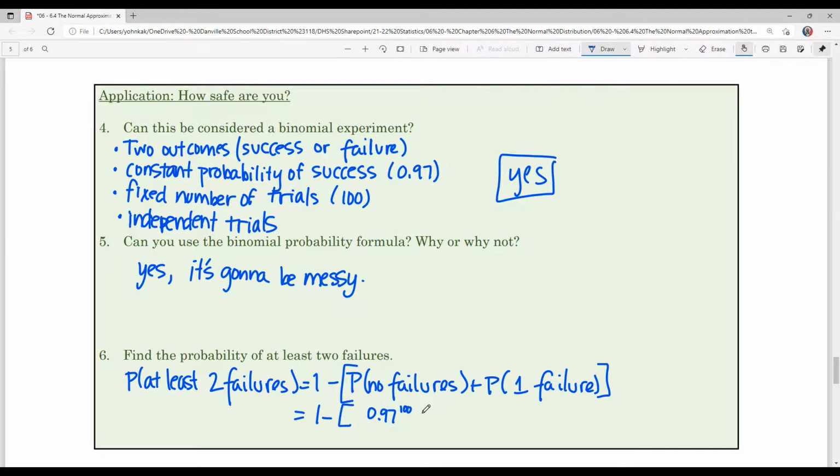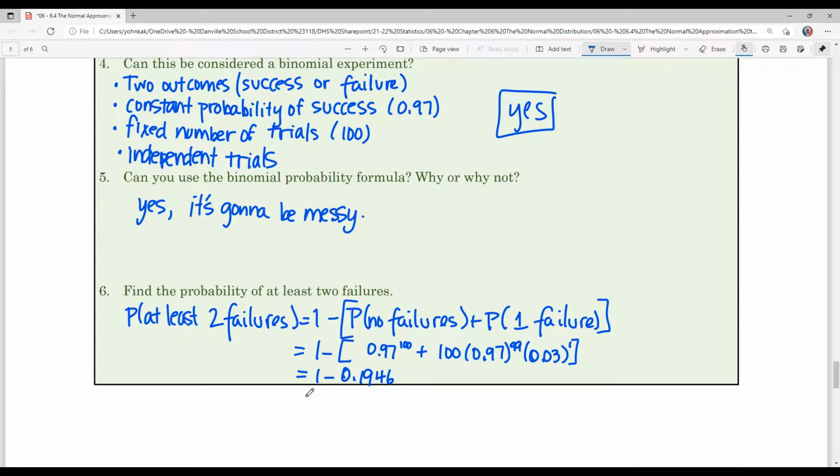If I have one failure, that's going to be 100 times 0.97 to the 99 times 0.03 to the first. So if I calculate what's inside of the square brackets, 0.1946. If I subtract this from 1, that's going to give me 0.8054. So there's basically like an 81% chance that we're going to have at least 2 failures. Ew, I don't think I'm going to go climbing.